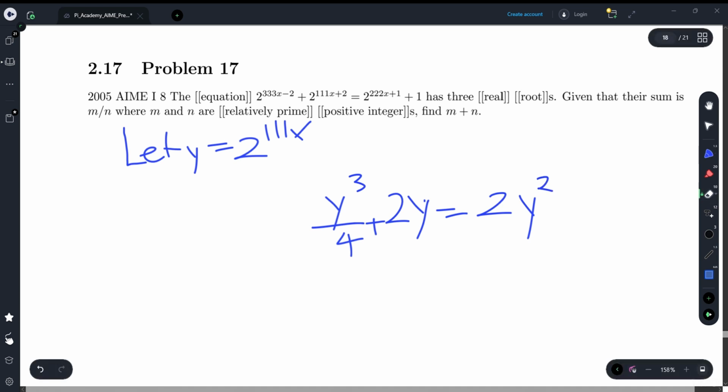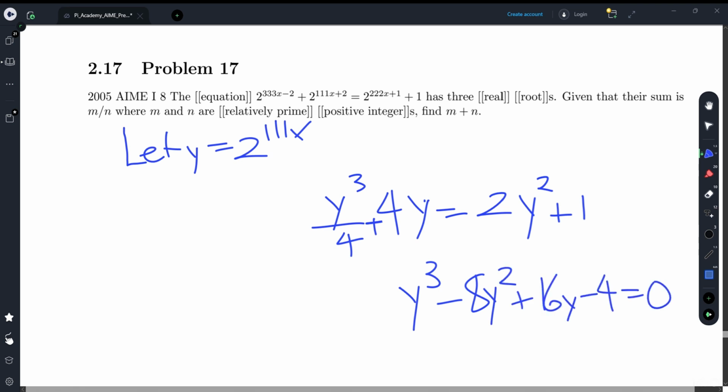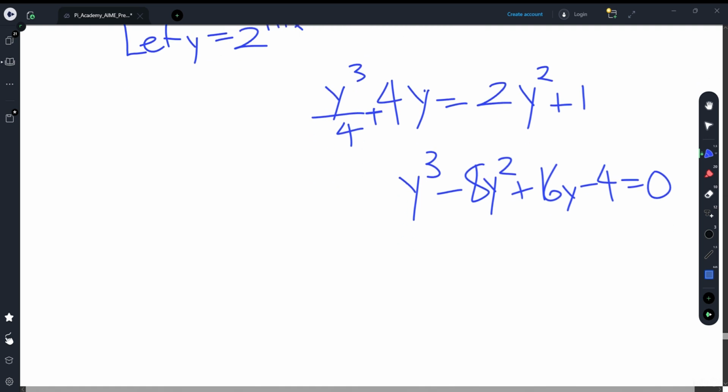Also, sorry, this is not 2, it's 4, because plus 2, plus 1. And multiplying by 4 and putting everything on one side, we have y cubed minus 8y squared plus 16y minus 4 is equal to 0. And from here we see that y1 times y2 times y3, aka the roots of this equation, multiply to 4.